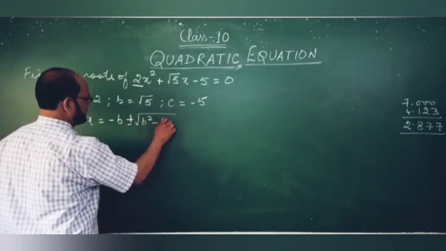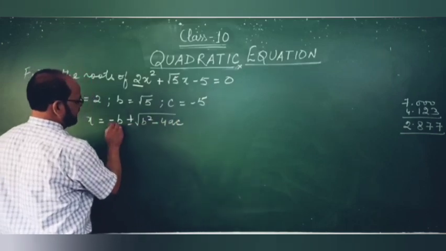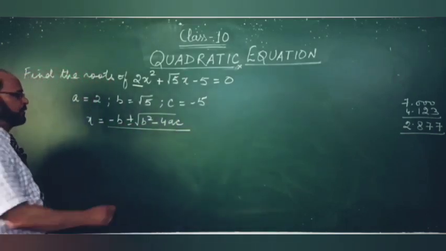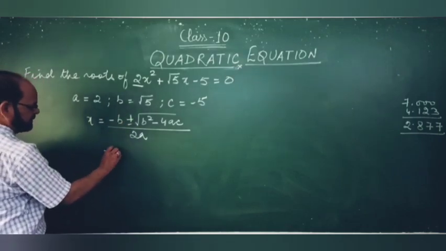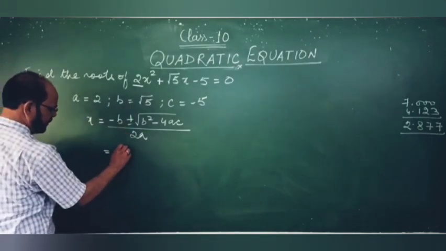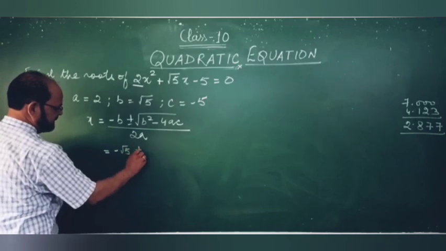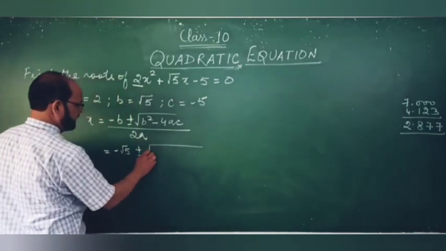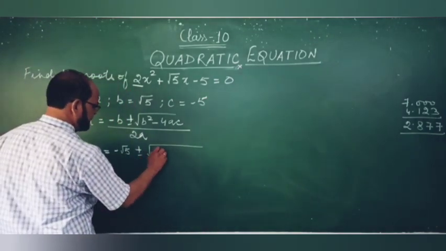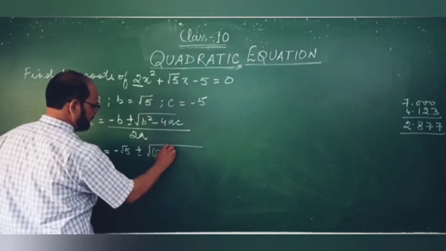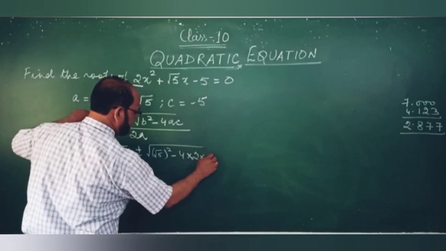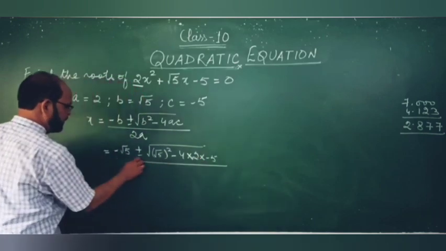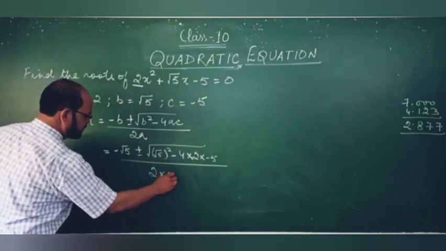It is minus b plus minus under root b square minus 4ac upon 2a. Minus b, this time b is positive so there is no need to put bracket, under root 5. Here b square means under root 5 square, minus 4 into a is 2 and c is negative 5, upon 2 into 2.